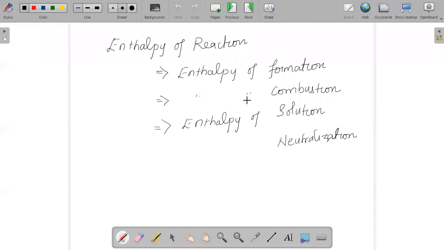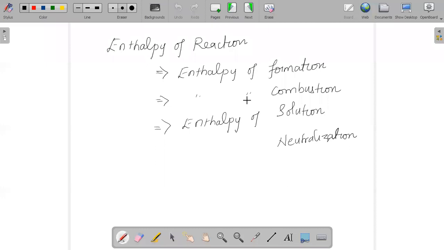If I say enthalpy change in a chemical reaction, what is this enthalpy of reaction? It is simply the amount of heat absorbed or released in a reaction when the specified number of moles of the reactant reacts to form the complete product.